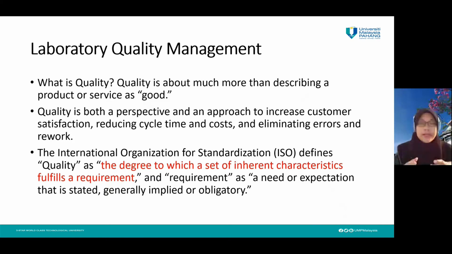If the hotel applies the quality management system, and you as a customer are satisfied with their services, and the time for the front desk to entertain the customer is reduced, then they are trying to fulfill the requirement of quality management.